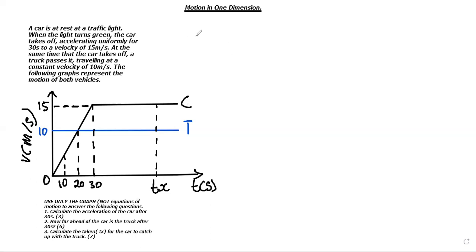Fine stuff. Then the next question says, calculate the acceleration of the car after 30 seconds for 3 marks. So here you have to know that the gradient of a velocity time graph will actually give you the acceleration. So you could have decided to say gradient equals change in y over change in x, but your change in y will be change in v, and then your change in x will be change in t.